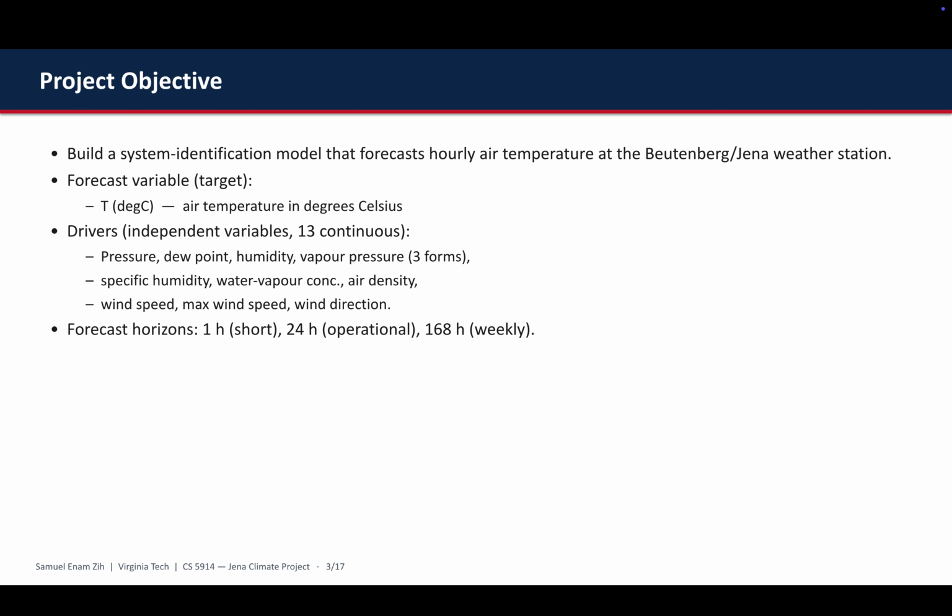The forecast variable is T, air temperature in degrees Celsius, measured at the Beutenberg weather station in Jena, Germany. The proposal calls for at least 3 numerical drivers. This dataset gives me 13, covering pressure, dew point, 3 forms of vapor pressure, specific humidity, water vapor concentration, air density, wind speed, gust speed, and wind direction.